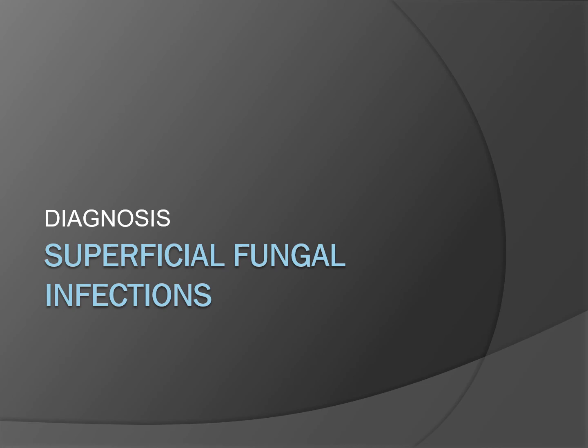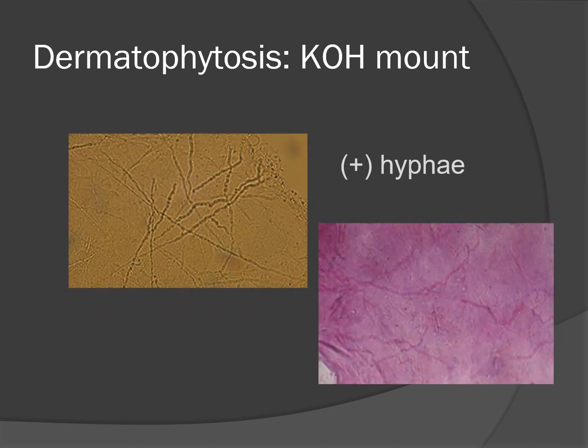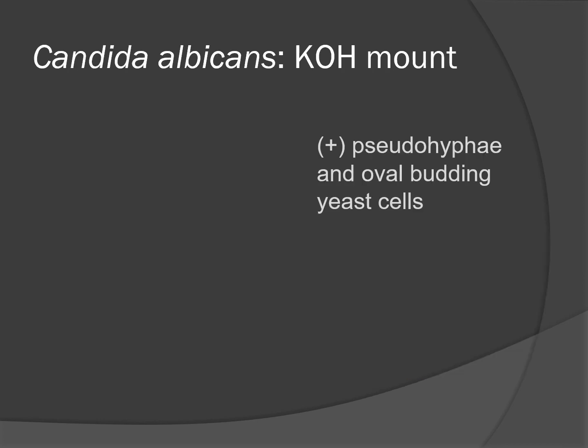How do we diagnose superficial fungal infections? Well, the quickest way to do this is with the use of the KOH mount. And the findings on KOH mount will differ depending on the type of fungus that is invading the patient's skin. The positive finding for a KOH mount in dermatophytosis is the presence of many long strands of hyphae in the specimen.